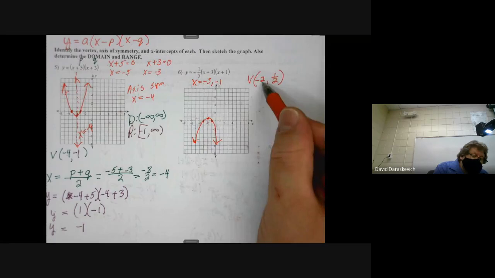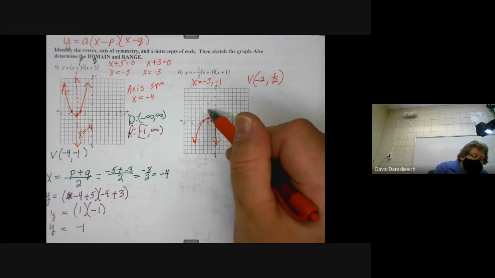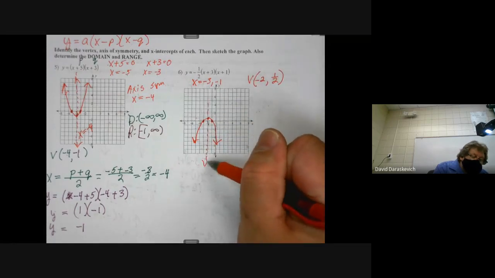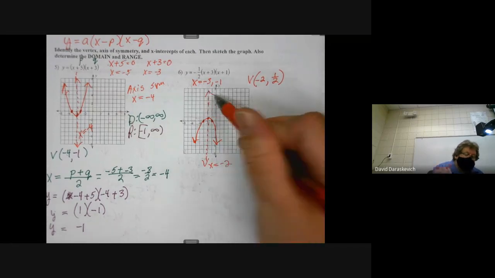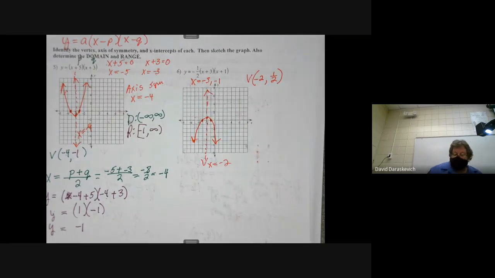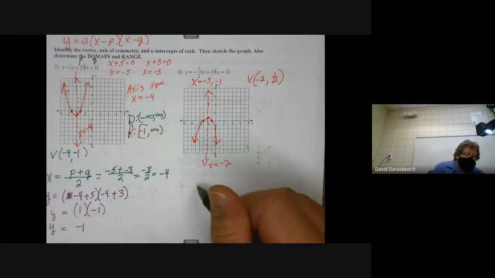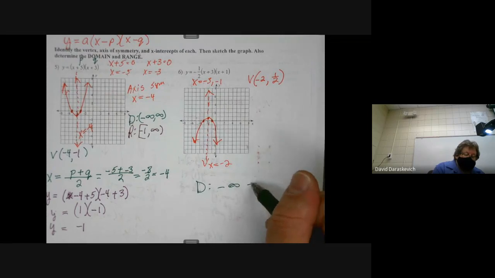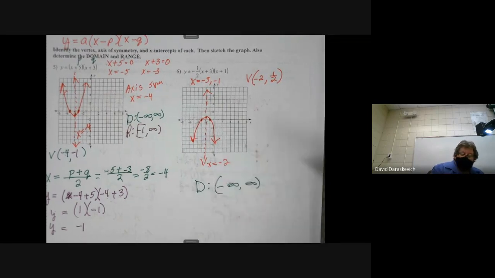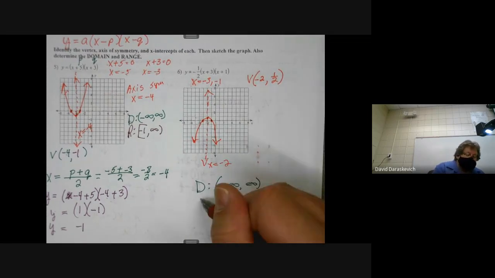Axis of symmetry, x equals -2. Let's see, what else do we need? Domain. Domain, -infinity to +infinity. Range.